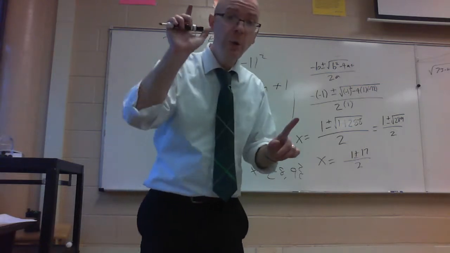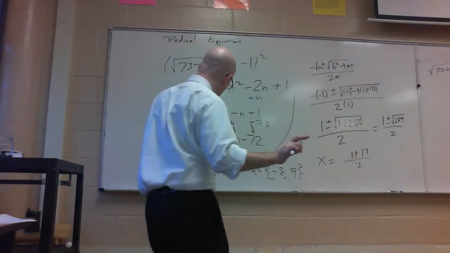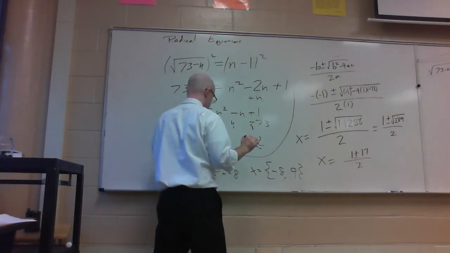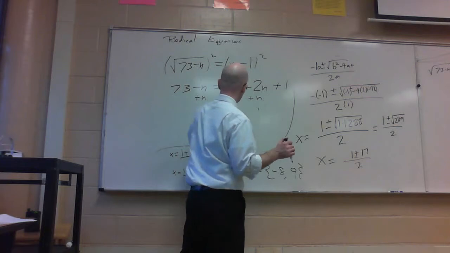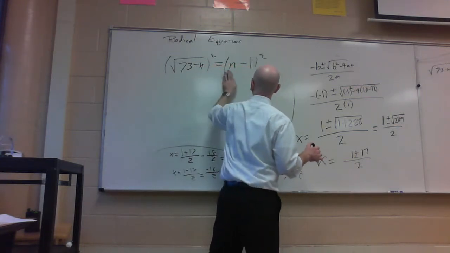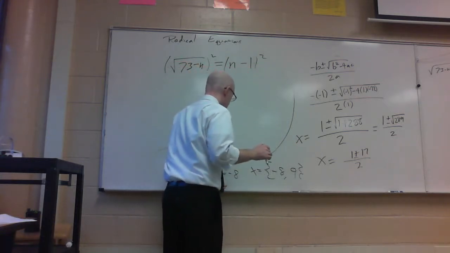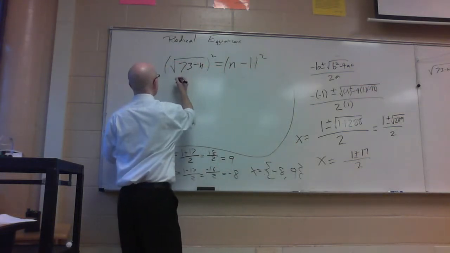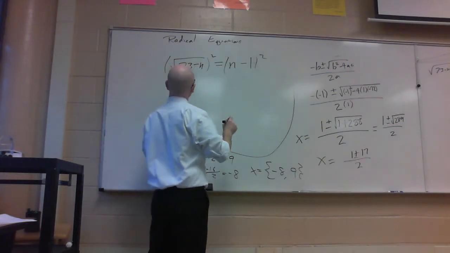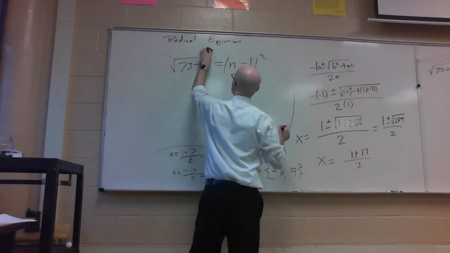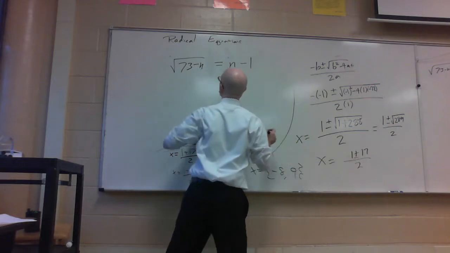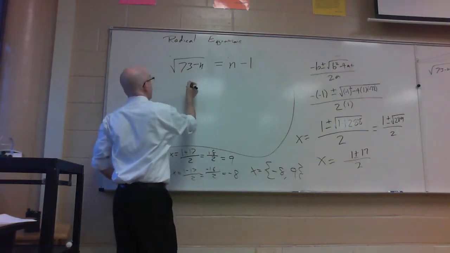But as I said, you have to check and see where you are plugging into and what works, what doesn't work. All right. So if I plug in, let's go back to the original equation. Let's test 9 first.